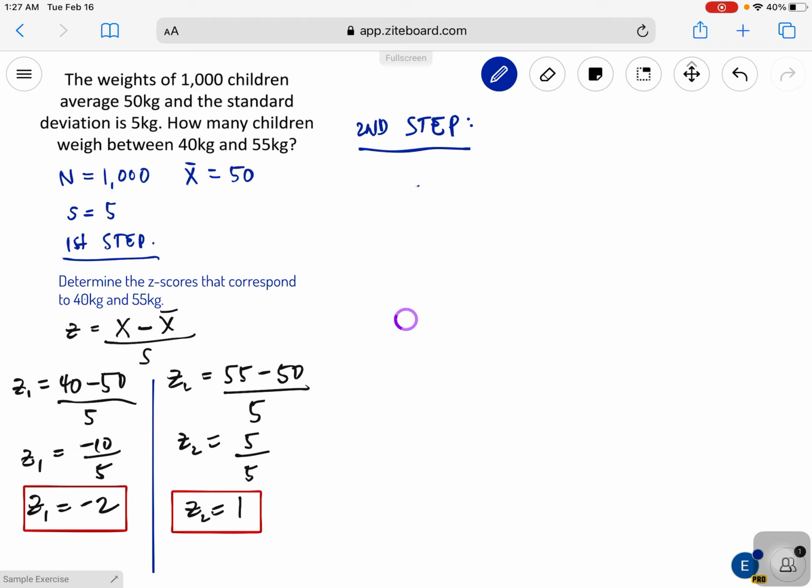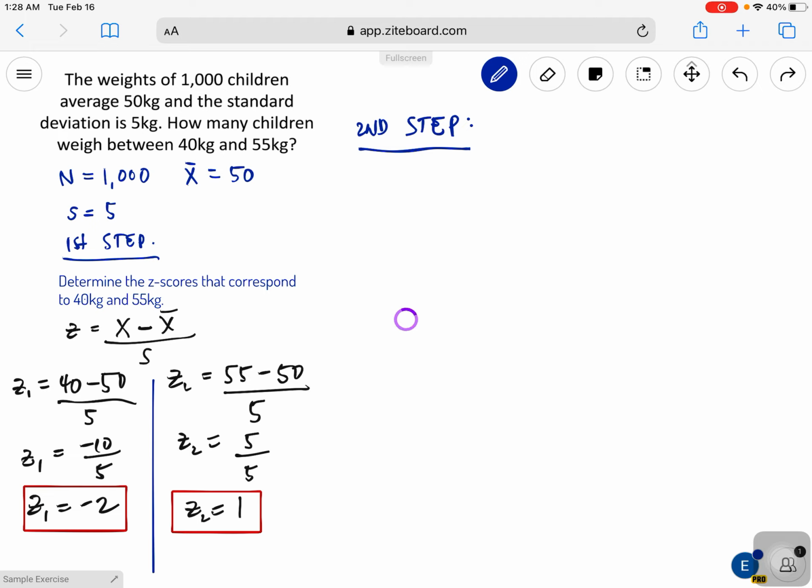That's what we need to do in the second step: determine the areas for our z-score below the mean, negative 2, and also the z-score that corresponds to our 55 kilograms, which is above the mean and is equal to 1.